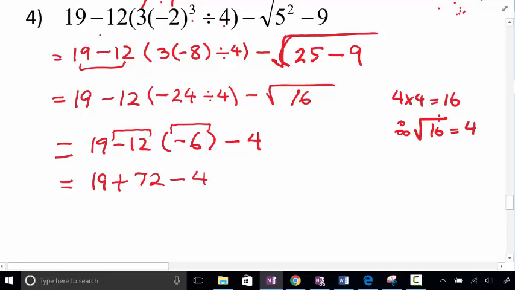Okay, minus 4. Okay. Now, if you add those two, what do you get? 91. Okay, so 91 minus 4. And so the answer would be 87. Okay. Did everyone get that?